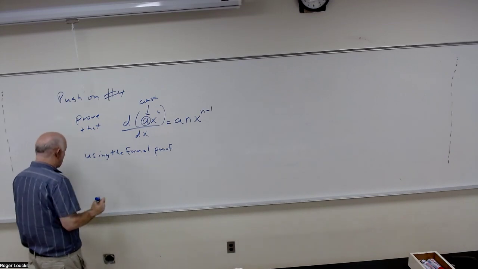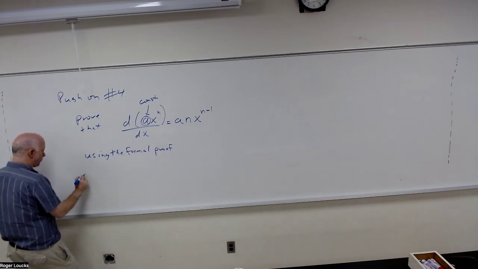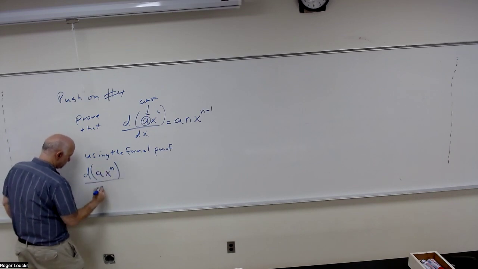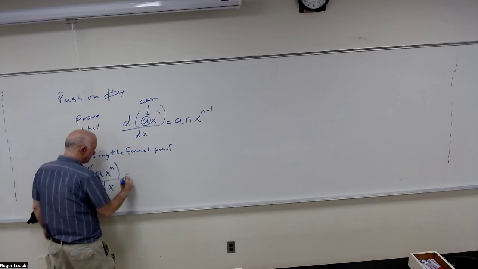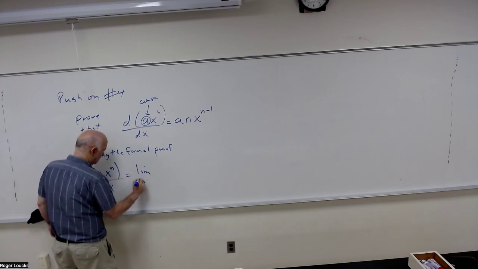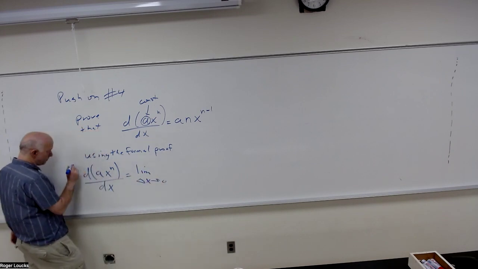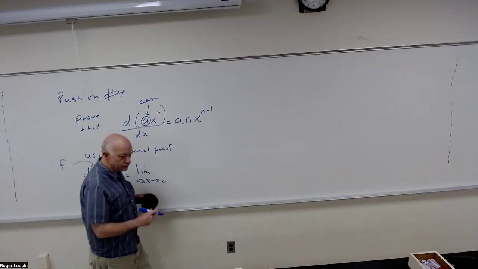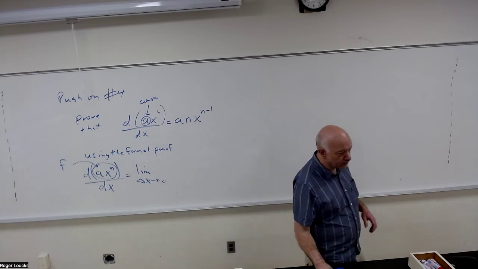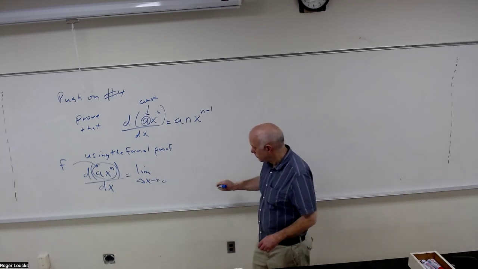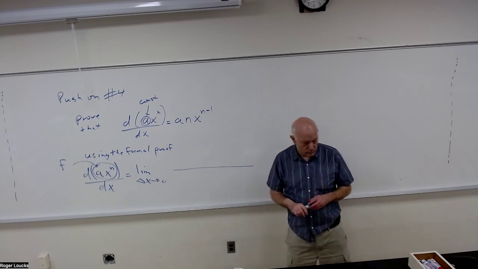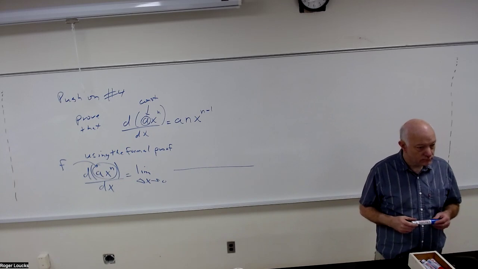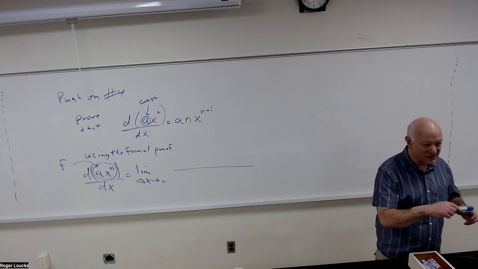So let's go through and do this. If I wanted the formal proof of this guy here, this is going to be the limit as delta x goes to 0. And this right here is my function, that's my f. So what goes in there? Tell me what you write.